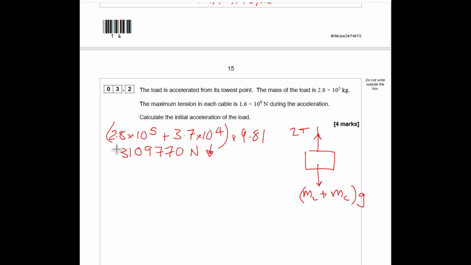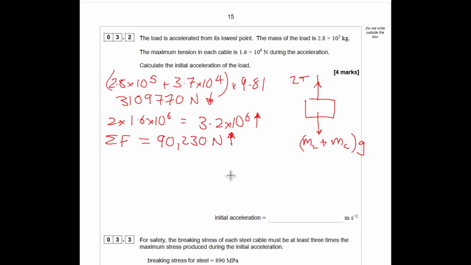Now the total up is 2 times 1.6 times 10 to the 6, which is 3.2 times 10 to the 6, and that's the total up. So we can work out the resultant force is simply one minus the other. So 3.2 times 10 to the 6 minus that answer, so the resultant force is 90,230 newtons upwards.